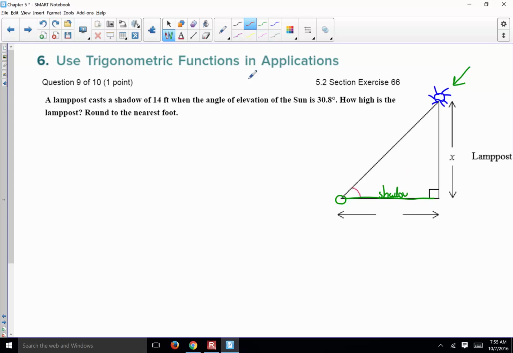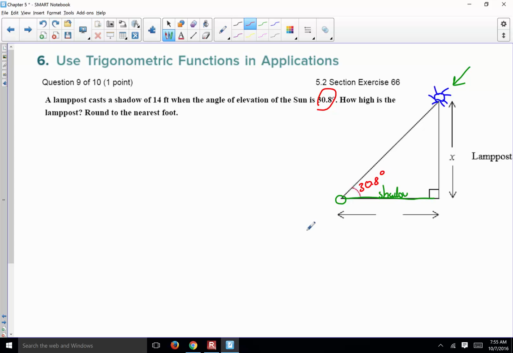They have already given the angle of elevation of the sun. In other words, the sunlight hits this lamppost at this degree. This elevation is 30.8 degrees.